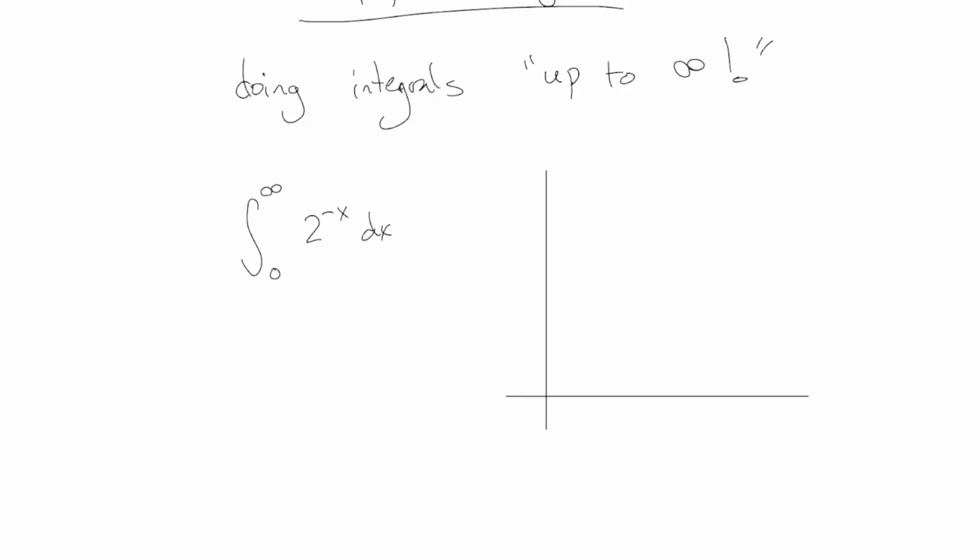That is, it represents the area under the curve of 2 to the negative x. Now, 2 to the negative x is an exponential function with a negative exponent. The graph of it looks like that. Sorry, I'm going to try and draw this better. Oh, yeah, that's better. Where this goes through 1. This is what an exponential function looks like with a negative exponent.